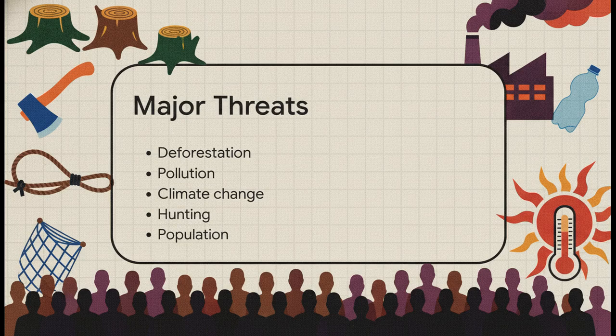Then there's pollution, which is just poisoning our air and water. We've got sweeping climate change, altering habitats way faster than animals can adapt. Illegal hunting is out there wiping out vulnerable populations. And on top of all that, rapid population growth is putting massive pressure on all these natural resources. It's a heavy list for sure. But clearly identifying these human activities is the absolute crucial first step to actually stopping them.